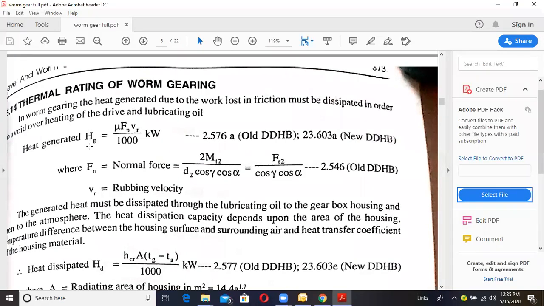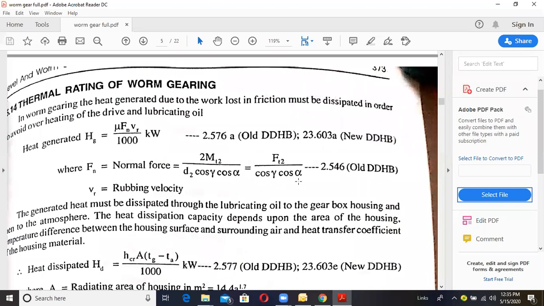Hg is equal to mu Fn VR divided by 1000. This is the formula to calculate heat generated. Mu and VR you calculate in the previous steps. The only unknown is Fn, the normal force, which can be calculated using the formula Ft2 divided by cos gamma into cos alpha.